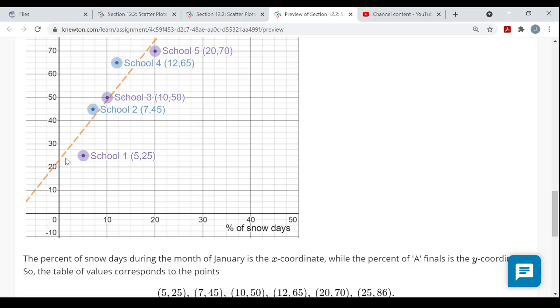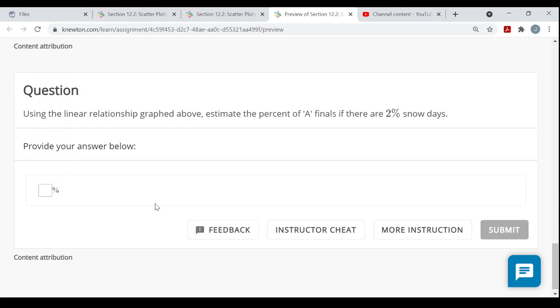If I look up here, we're looking at about, let's see, 2, 4, 6, this is about 2.5 as well. It looks like around 25, I'll say 26, right, 26% when x is 2.